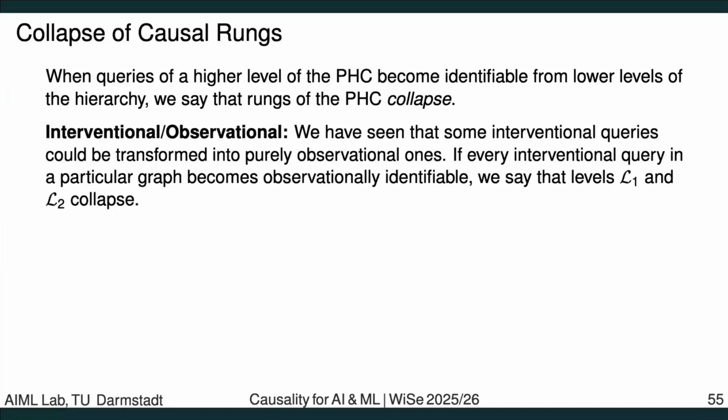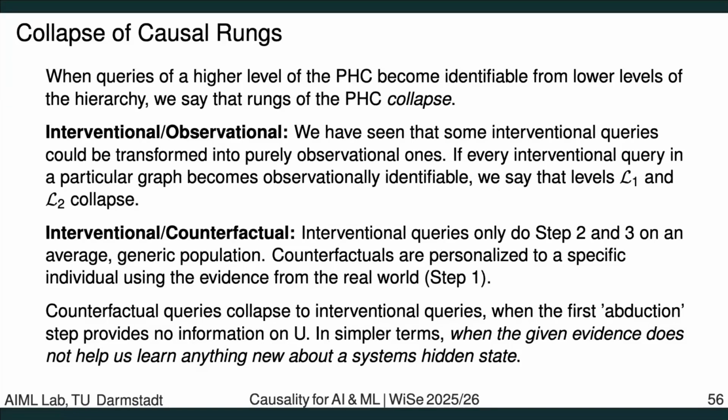Again, so, last minutes. We talked about interventional and observational collapse, right? Which basically tells us that sometimes under the rules of do-calculus, we can transfer these quantities into each other. And then, because the question came up before, there's also a collapse between interventional and counterfactual ranks. Basically, if you think about it, the interventional case only does steps 2 and 3 of the counterfactual algorithm, right?